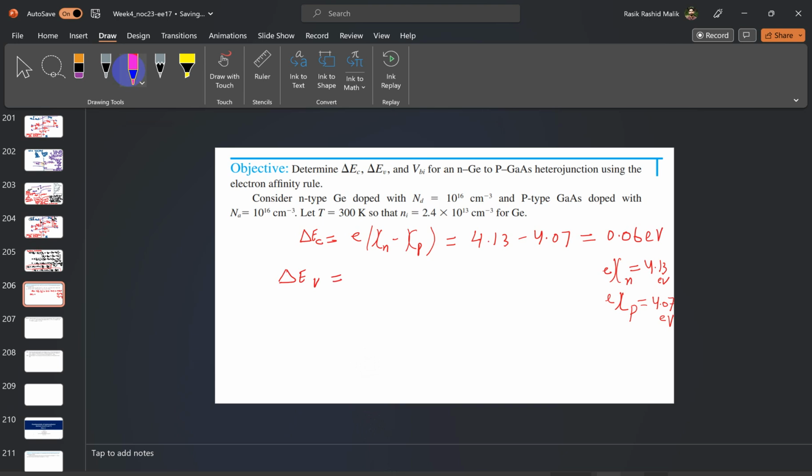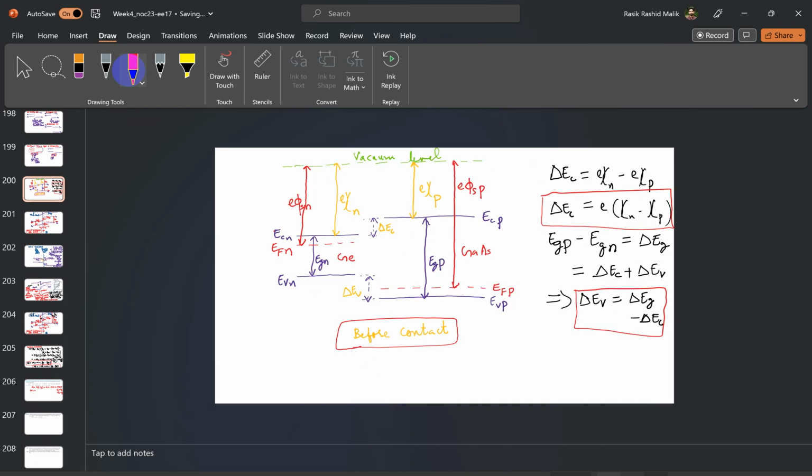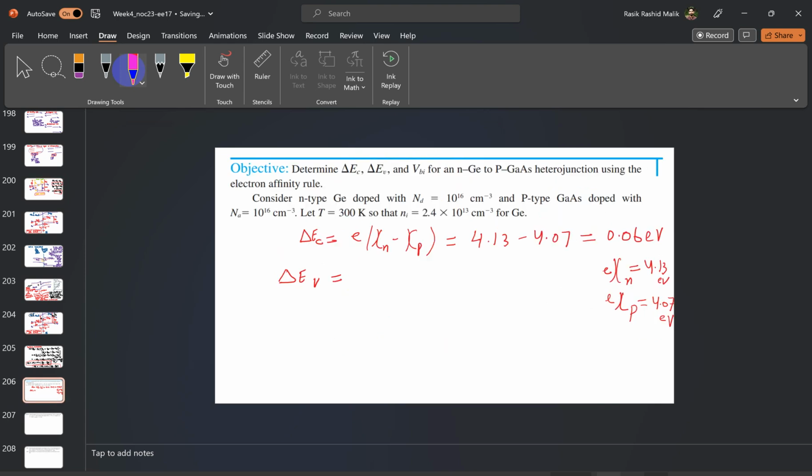So delta EV, if we look back into our derivation, delta EV was simply calculating the energy band gap difference, then that is equal to delta EC plus delta EV. So delta EV will be delta EG minus delta EC. So that will be delta EG minus delta EC.